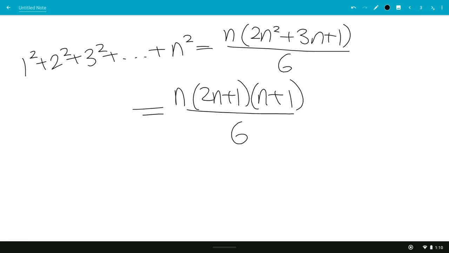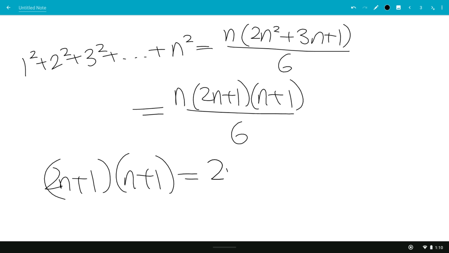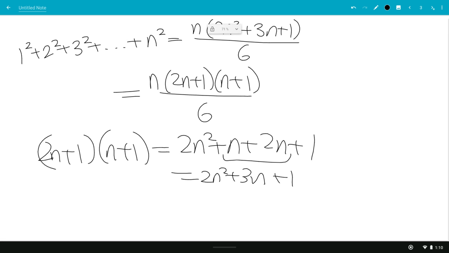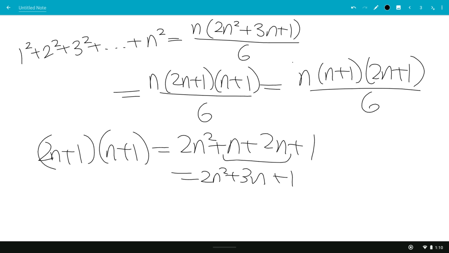You can multiply this out: 2n + 1 times n + 1 is 2n^2 + n + 2n + 1, which is 2n^2 + 3n + 1. So that is an answer. We're going to rewrite this as n(n+1)(2n+1)/6, and that's what the answer is.